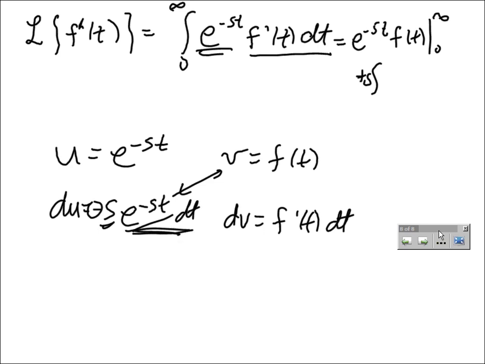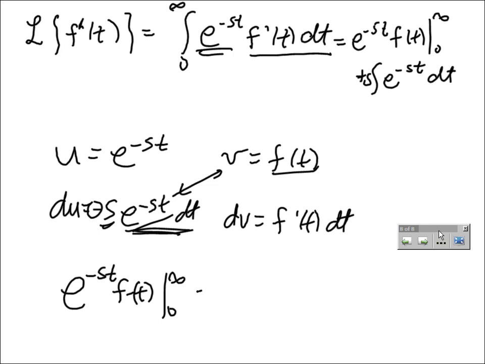It's going to be this times that, e to the negative st dt. Okay, so let us do this one. E to the negative st times f of t from 0 to infinity. Well, when you plug infinity in here, you're going to get 0.